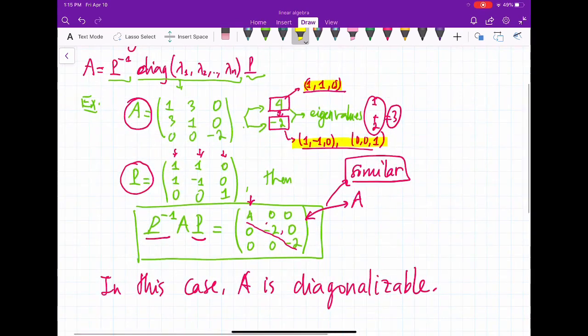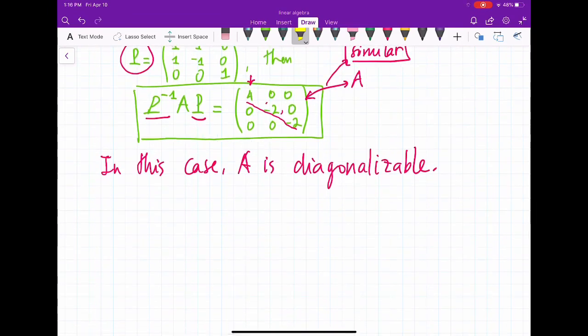So we are talking about matrices, but actually we are also talking about linear transformations. Make sense? A linear transformation is diagonalizable if its matrix is diagonalizable. That's it. I will not repeat this again. And from here, it's easy to see that two similar matrices have the same set of eigenvalues.